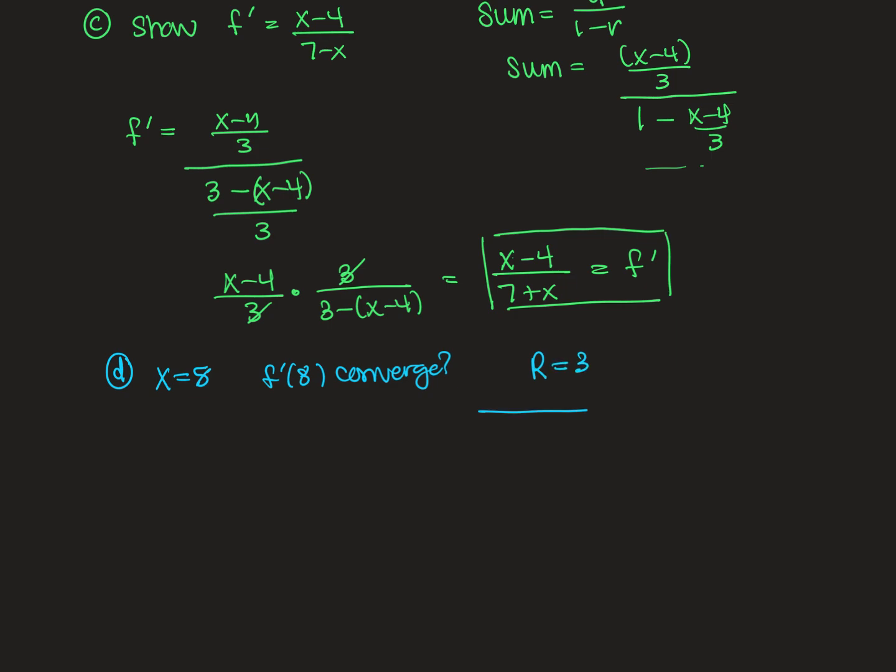So anything between where it's centered, 3 and 7 and 1, anything between here will definitely converge. The endpoints may or may not, but 8 is outside the radius of convergence, so it will not converge. So no, x equals 8 is outside the radius of convergence.